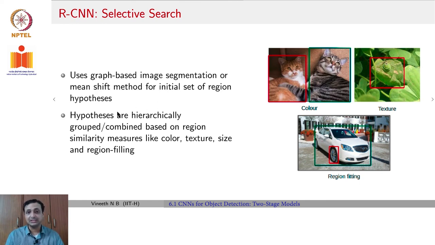These hypotheses are then hierarchically grouped based on region similarity measures like color, texture, size, region filling, and so on. If you used color for grouping up regions, you may end up getting an object such as this. If you used texture, you may get a region such as this. Or if you used region filling, you may end up getting a region such as this.